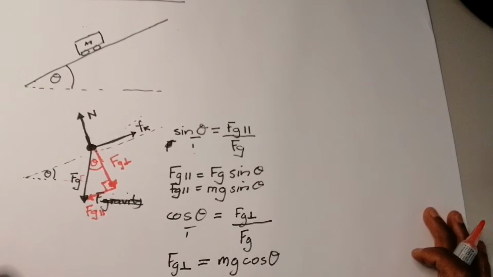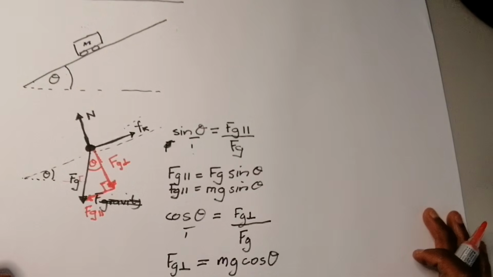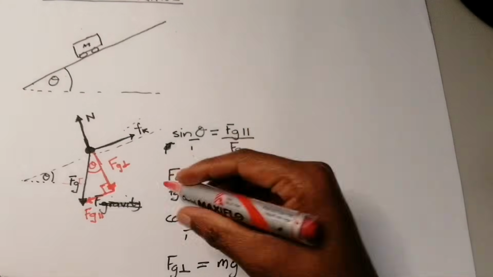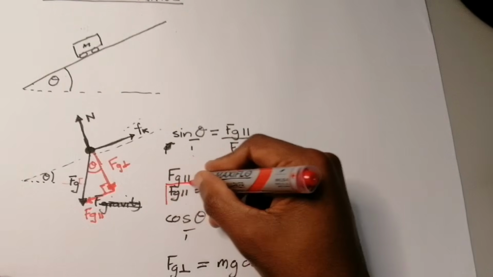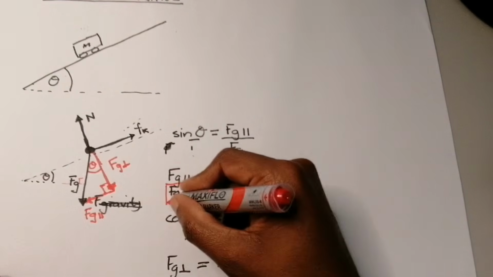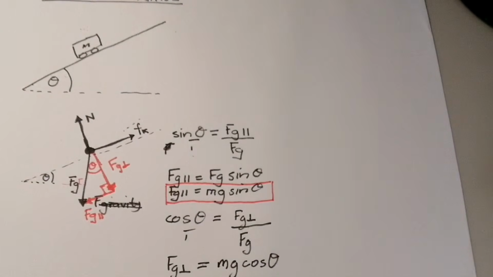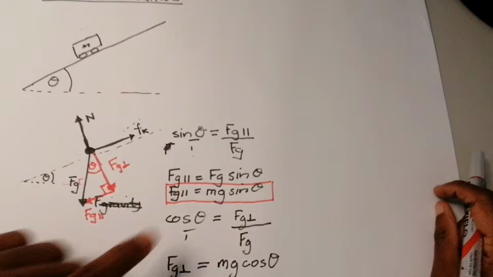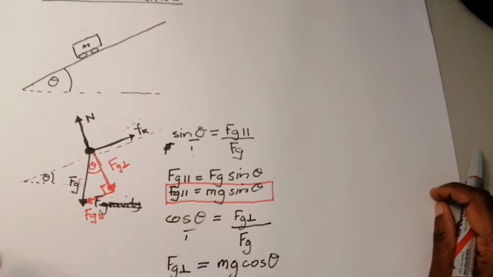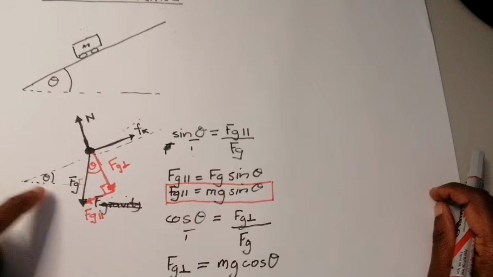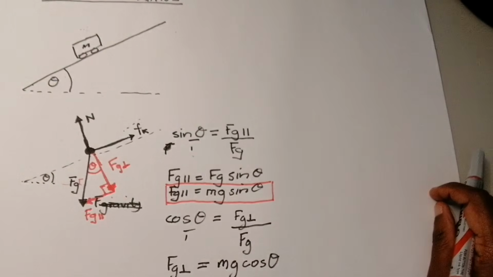Now, ladies and gents, if in the past few minutes that I've been explaining this you're saying, but I really don't understand what you've done, it's okay. What I just want you to get, please, is to remember the following. If I want to get the parallel component of gravity, all I simply do is take the mass times gravitational acceleration, the sine of the angle, and the angle will be the angle of elevation there.